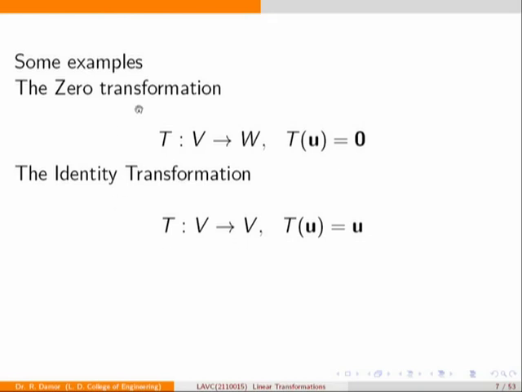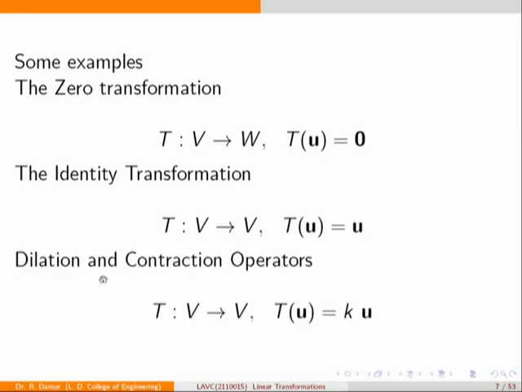So we defined the zero transformation and identity transformation in our previous lecture, which are linear. See the dilation and contraction operator, T from V to V, T of u equal to Ku, where K is a scalar. Clear? Again we proved in our previous lecture that this is a linear transformation. So these three: zero transformation, identity transformation, dilation and contraction operators.